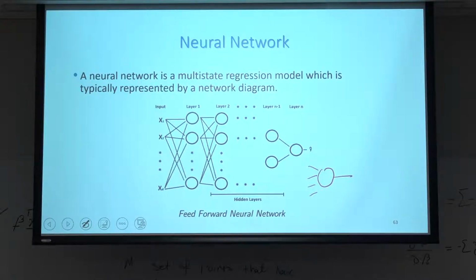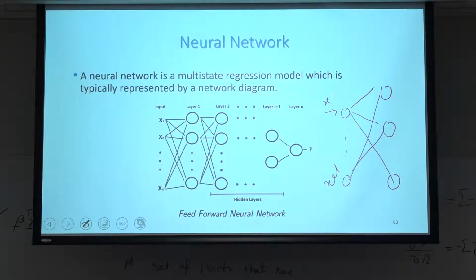Now assume that you have inputs here, x1 to xd, and then instead of one perceptron, you have many of them. This goes everywhere, and then they have some output, but this output goes to another layer of perceptrons. So this goes here, this goes here, this goes here, and so on.